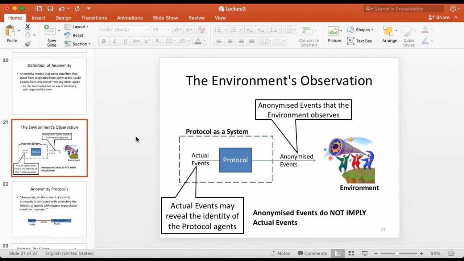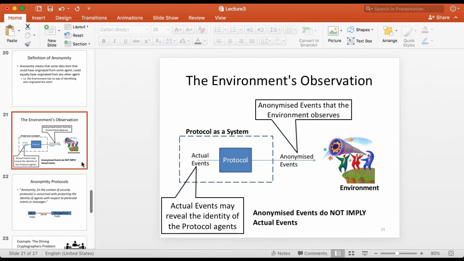So again, the anonymity property is important in things like e-voting systems, because you would want to participate in the e-voting system without being identified, or without your decision being linked to your identity.